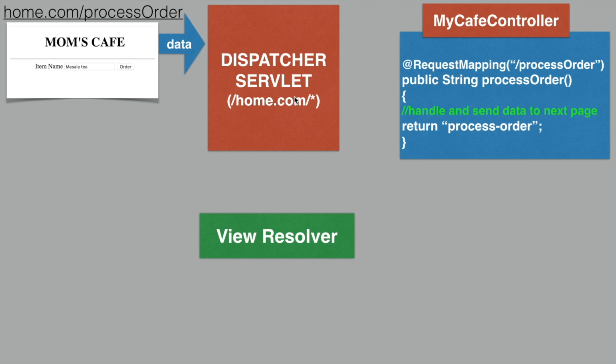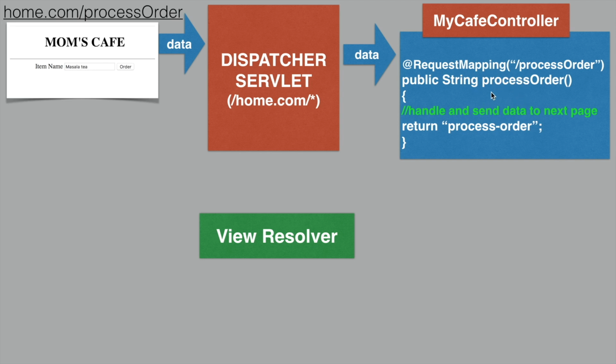Then the dispatcher servlet finds the matching processorder request mapping right here and invokes this particular method, processOrder. So the dispatcher servlet dispatches the request to this controller and this method gets executed.